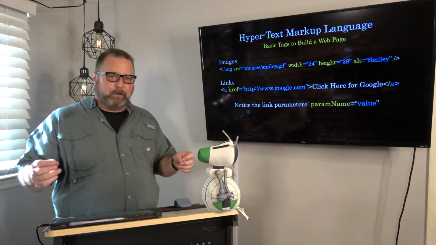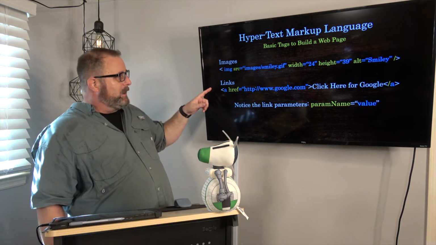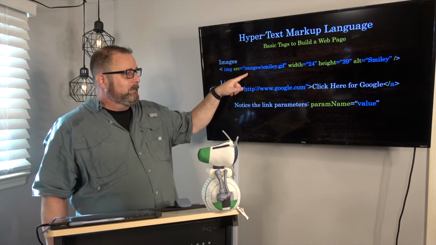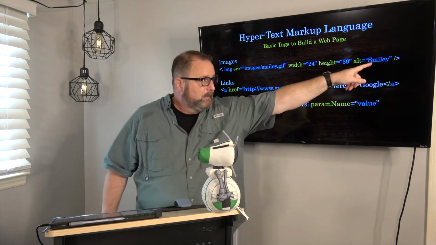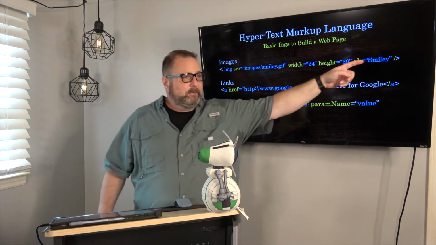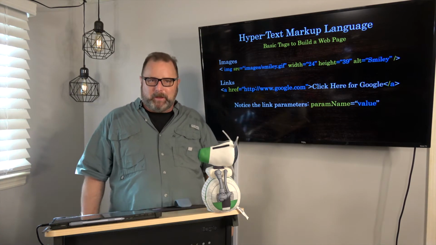Now remember, browsers are lazy and they hate you. If it cannot find images/smiley.gif, it's going to put the word smiley on the page. If I don't have an alt, it's just going to give me that little broken image icon that looks really bad.